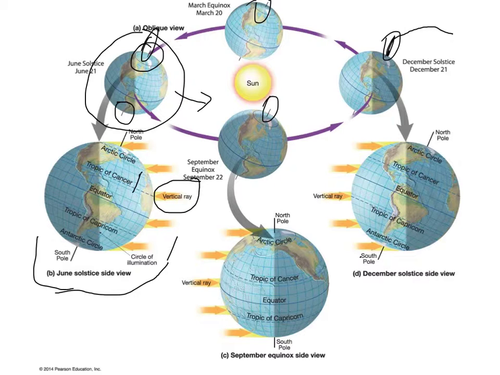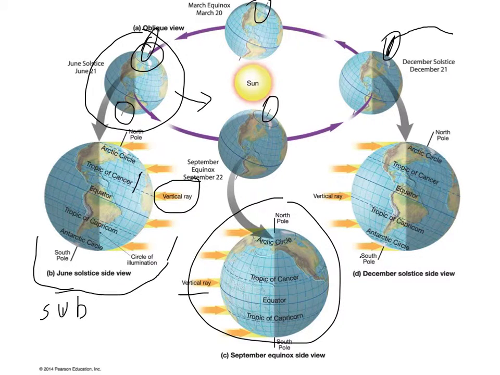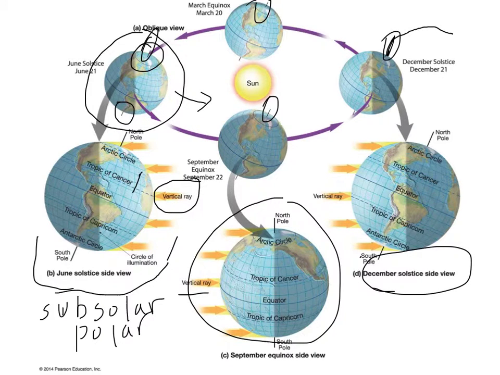And then as we look at the equinox, you're getting the vertical rays at the equator. We also call this the subsolar point, the point on the Earth where the sun is directly overhead. And then during the December solstice, the vertical rays are at the Tropic of Capricorn, 23.5 degrees south.